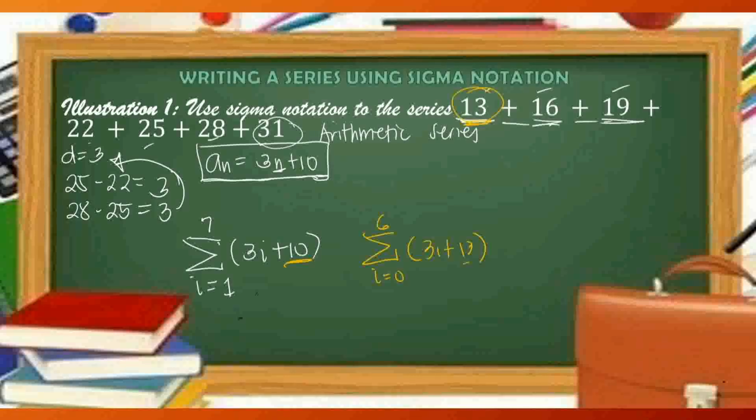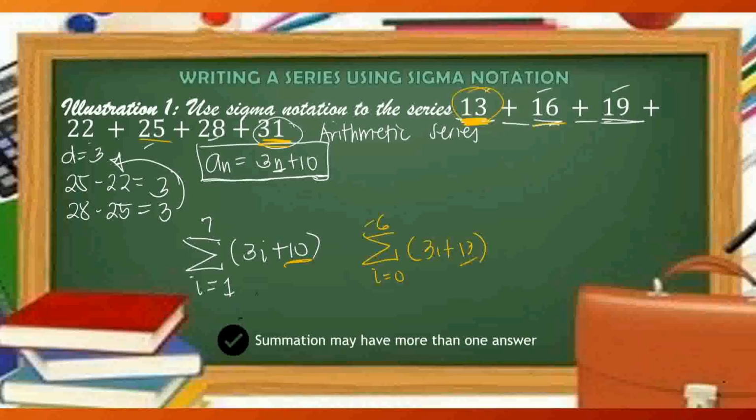Still, the first term is 13. If i is equal to 1, 3 times 1 is 3 plus 13 is equal to 16. If i is equal to 4, 3 times 4 is 12 plus 13 is 25. And our last term, if i is 6, 3 times 6 is equal to 18 plus 13 is 31.